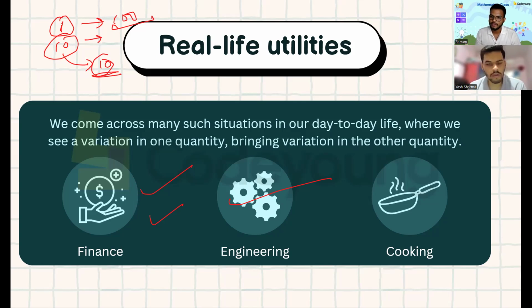Similarly, cooking. If you are cooking more food, then you will require more amount of time. So cooking also involves this proportion. So are you seeing that in our day-to-day life, we are using this proportion, but you are not able to understand it, right?